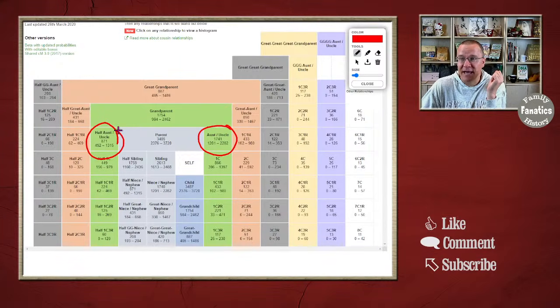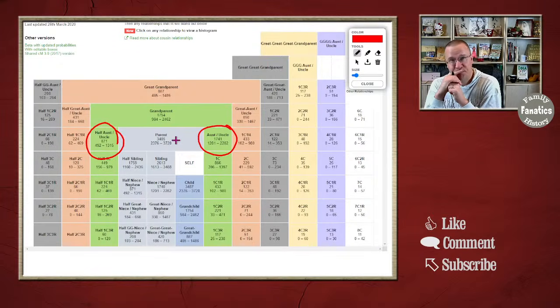Whereas a half aunt is between about 500 and 1,300, most likely around 800 or 900 centimorgans. You will notice that there's a small bit of overlap between about 1,200 and 1,300, but those are going to be rare cases. So if you do have this granddaughter's potential father's DNA, and they fit into one of these, then that's a good point that you have identified who the father is.